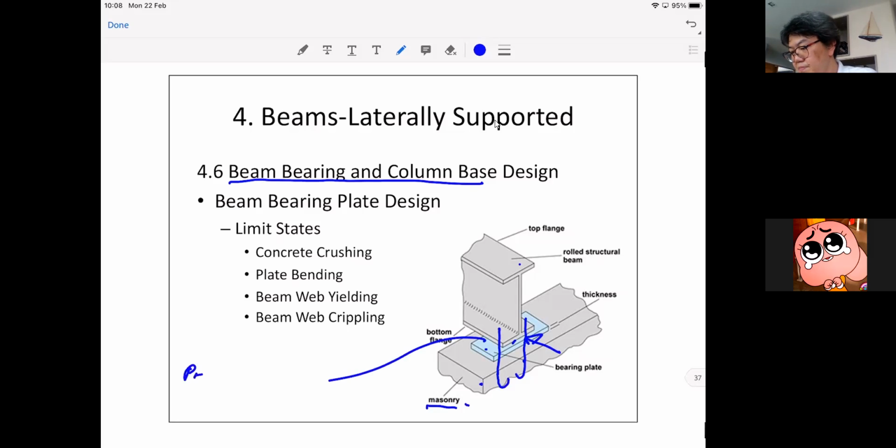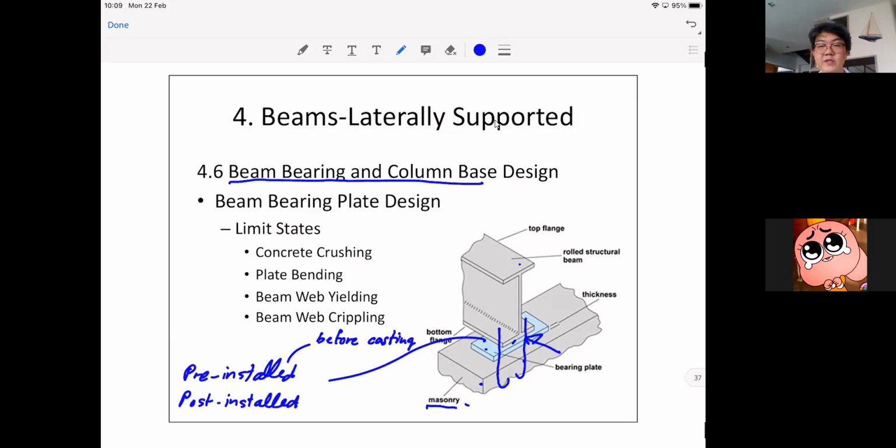Pre-install and post-install. This is before concrete casting. You get a very, very strong bolt because the bolt is in place, and then you cast the concrete to hold it, embrace it in place.